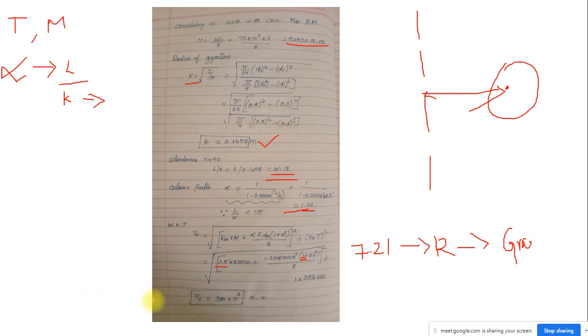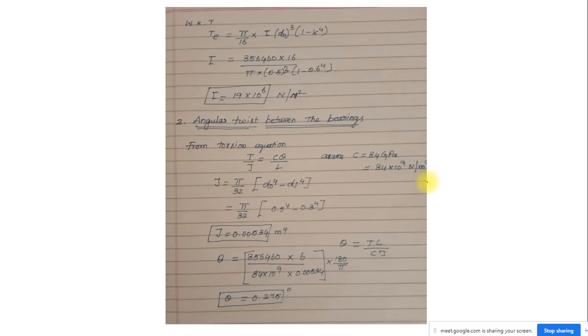Once I substitute, I can find out the equivalent twisting moment value. Once I know it, I can compare this with the other formula, pi by 16 into tau into d naught cube into 1 minus k power 4. What is k? Obviously you know that, you can find out the k value also.